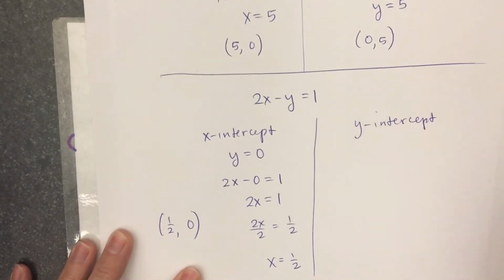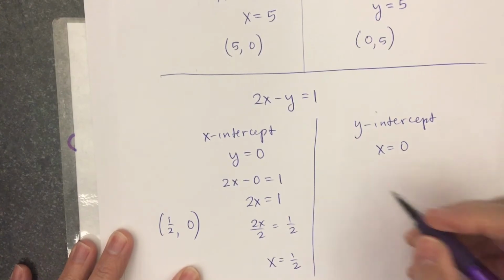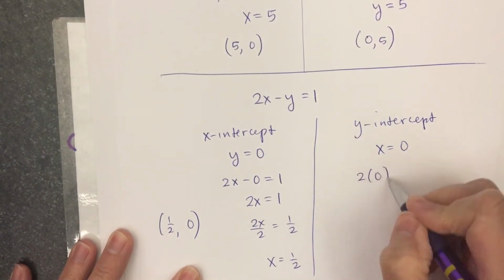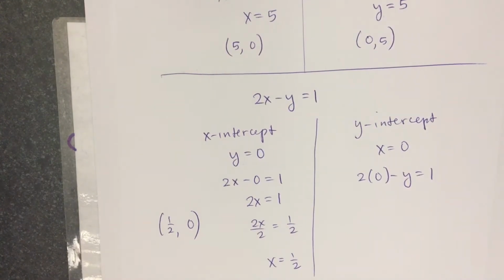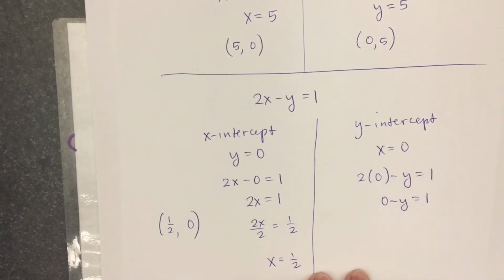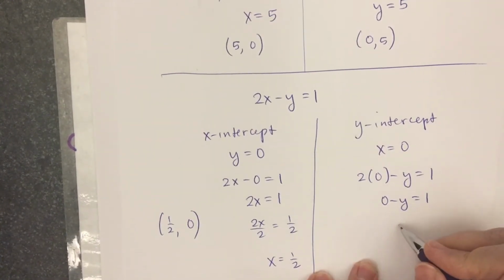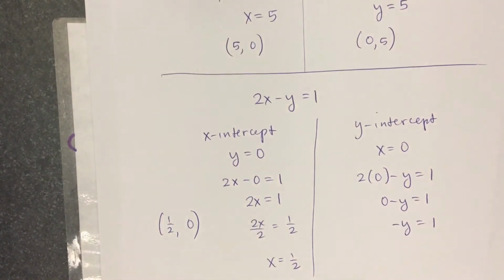And then the y-intercept. For the y-intercept, x equals 0. This will give me 2 times 0 minus y equals 1. 2 times 0 is 0. 0 minus y equals 1. Now 0 minus y is negative y. Now right here, think about this. You have to get just y. I got negative y.